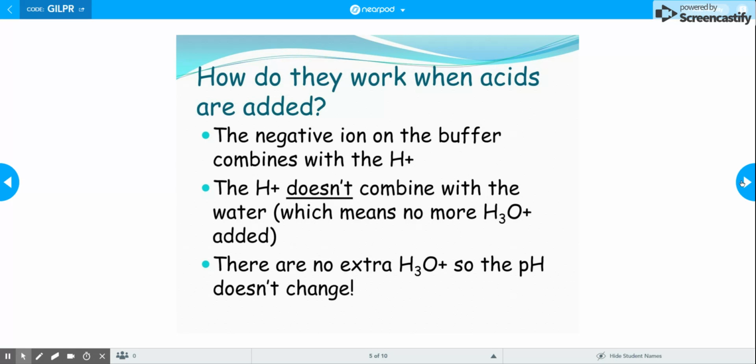But instead, that hydrogen is going to go to that negative ion, because that's more attractive than a neutral substance, because that hydrogen has a positive charge on it. So it's going to want to go to the negative. Because that hydrogen ion is not combining with the water, we are not increasing our amount of hydronium ions. So therefore, our pH will remain the same.